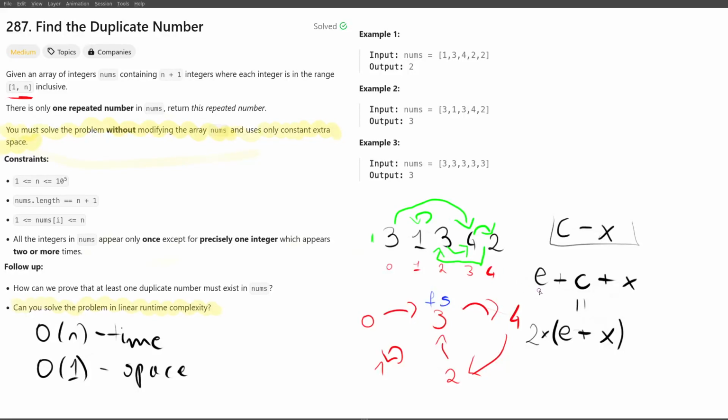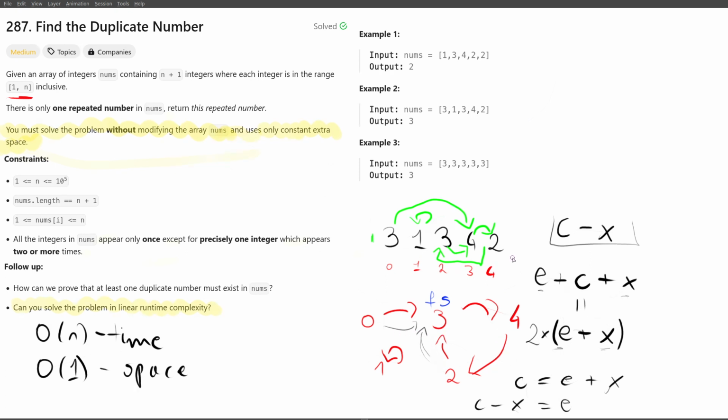Since we have e here and 2 times e here, x here, 2 times x here, we have that c is equal to e plus x, and so c minus x is equal to e. So the remaining portion for our slow pointer to travel is exactly equal to the entry portion for our fast pointer to travel one step at a time. So indeed, this algorithm will find this very vertex.